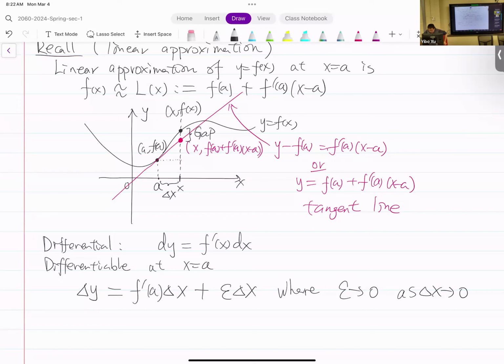Okay. So this way of writing the differentiability is a little bit different in the sense that we used to write it in terms of the slope of tangent. Okay. And here that epsilon actually represents f prime minus f of x minus f of a over x minus a. Okay.